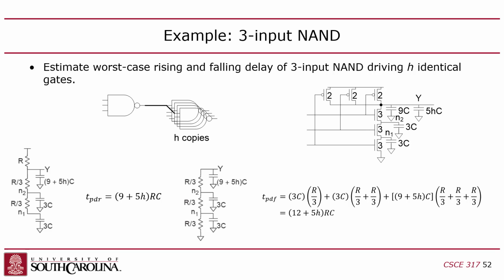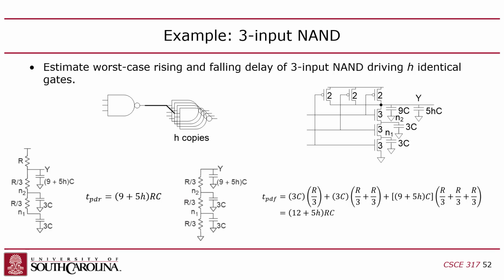So here's Y. Because we have these 3 guys in parallel, right? We only need one of them on, right, to pull up, right? Any one of those PMOSs turning on will pull up. So the resistance for the pull up there is basically just R, right?